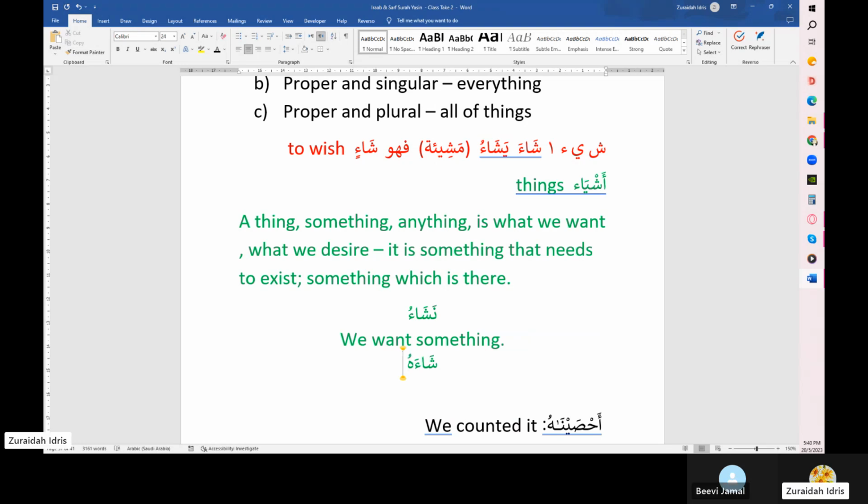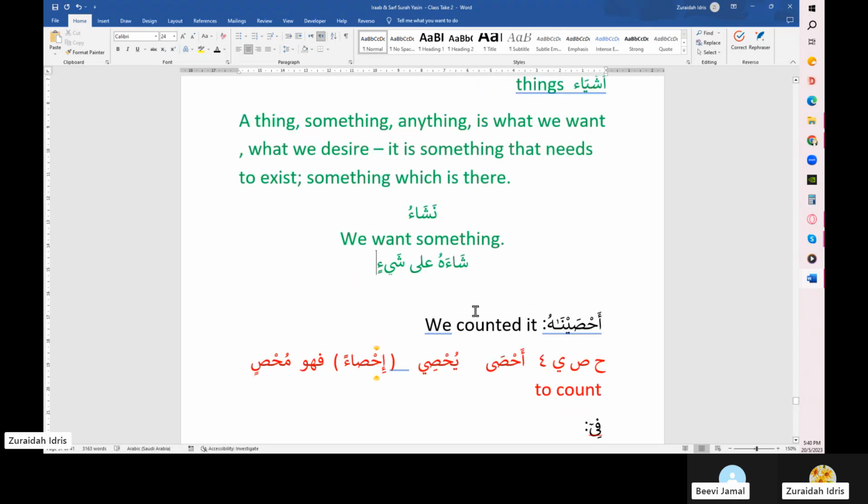Sha'ahu 'ala shay'in. He wanted it. We always need to recognize what is the attached pronoun here.